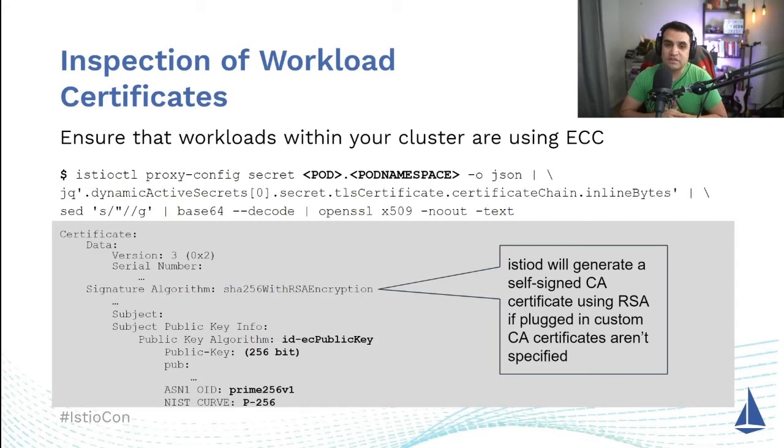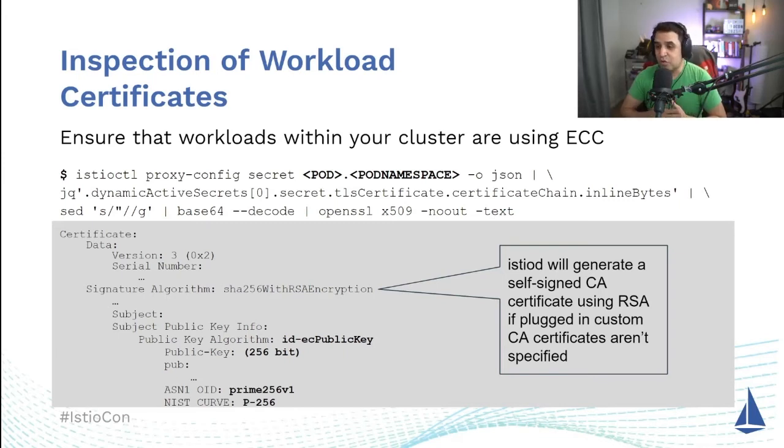over MTLS. And in this case, when I ran this, you can see that the certificate that is being served for the workload, the public key algorithm, the public key, the ASN1 OID, and the NIST curve all match using ECC P256.